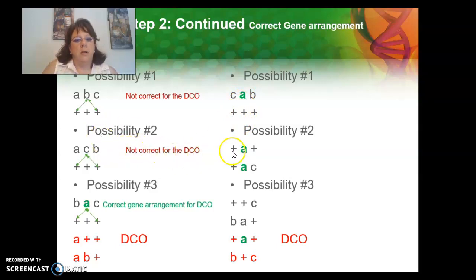Possibility 2, again, arranged them so that A would be in the center, and possibility 3 arranged it where we show plus A plus and the B plus C where the double crossover would be occurring.